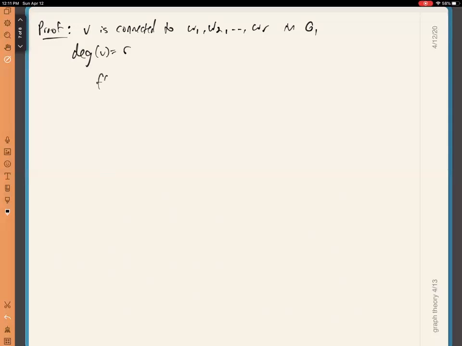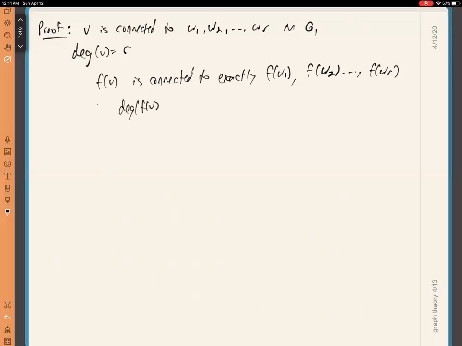Well, then f of V is connected to exactly, well, f of W1, right? Because I need to preserve these connections with my function, f of W2, and so on up to f of WR. So this shows that the degree of f of V is at least R, right? Because I have R distinct vertices in G2, in the second graph.